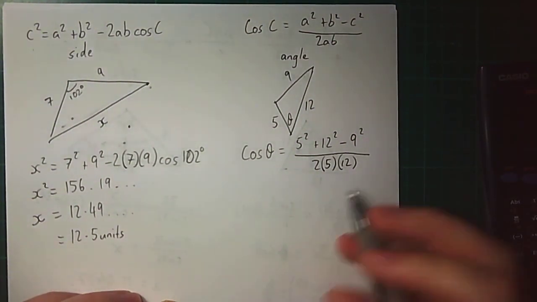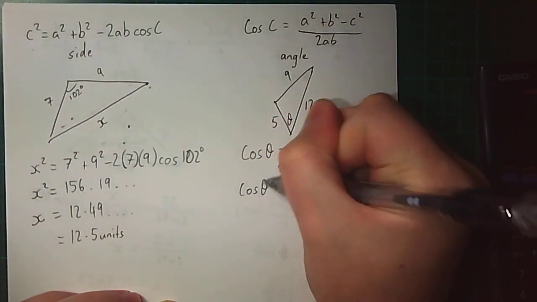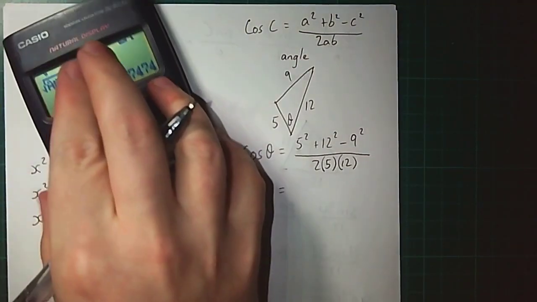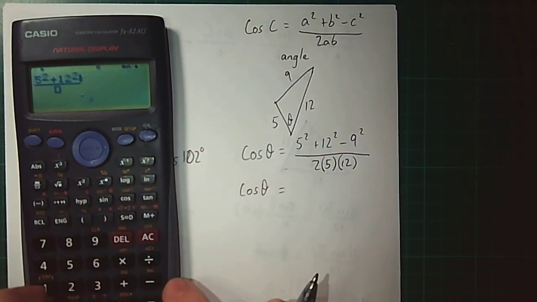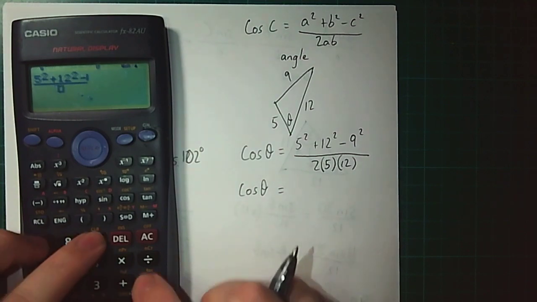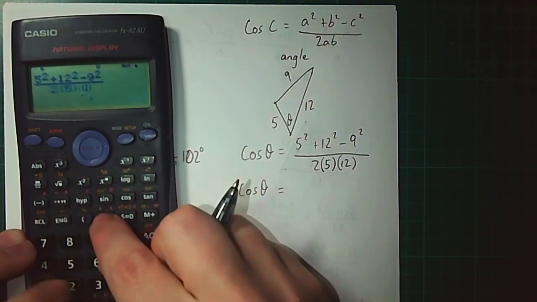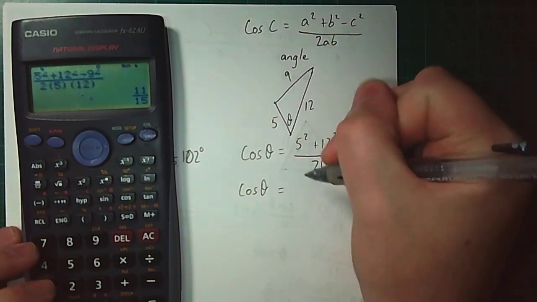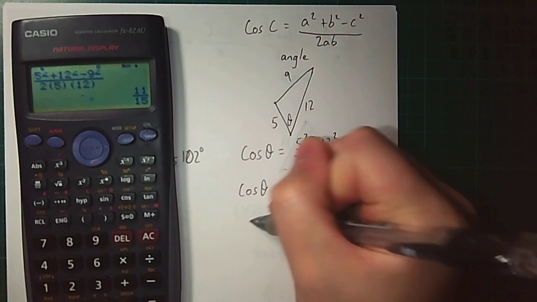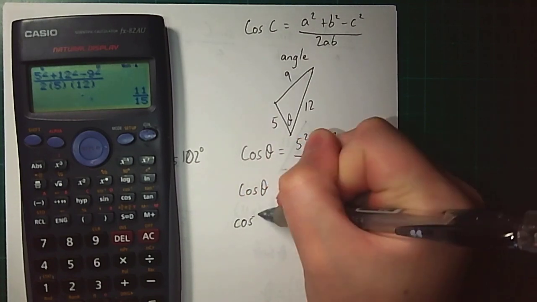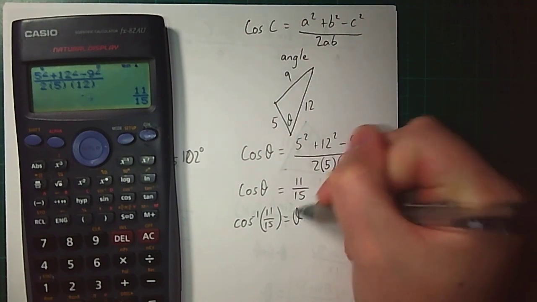Okay, so now we've got that. I'm just going to type that into our calculator, and that will give us cos theta. So we have 5 squared plus 12 squared minus 9 squared over 2 lots of 5 lots of 12. So that gives us 11 on 15. And now we just have to do shift cos, because we're finding an angle, of that, and that will give us theta.